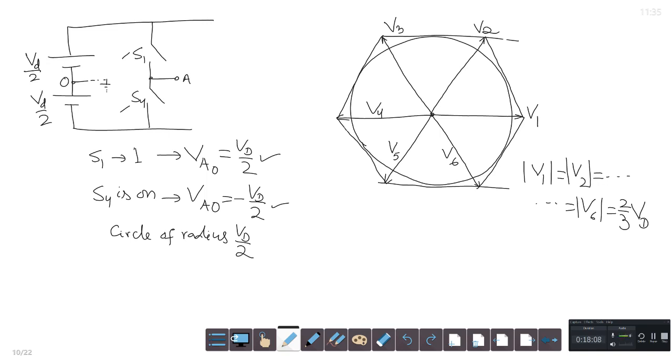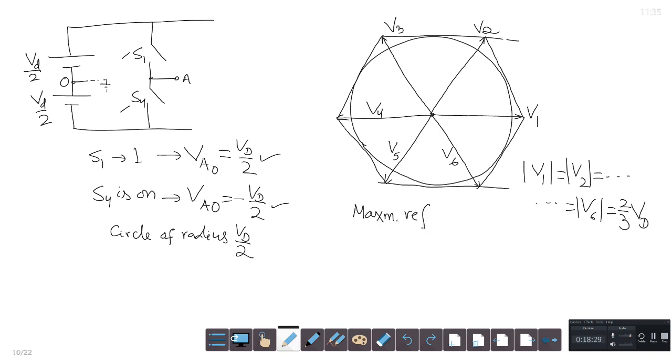So, if magnitude is 2 by 3 Vd, then what is the maximum utilization of the voltage? That means the maximum reference voltage corresponds to a circle.